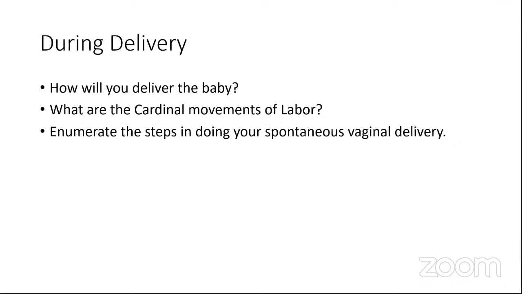What is your uterus supposed to be? Contracted. Okay, so you check if your uterus is contracted, you check the placenta, you check the vagina. And that is your spontaneous vaginal delivery.